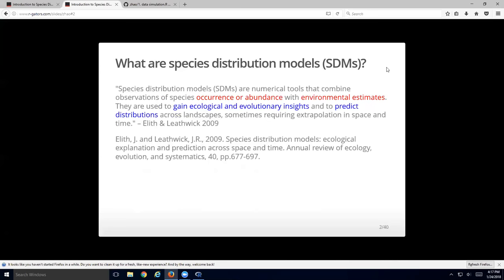These two authors wrote this review, and in their paper they say species distribution models are models that are used to study two things, either the occurrence or the abundance of species, although occurrence is more like a simplified version of abundance.